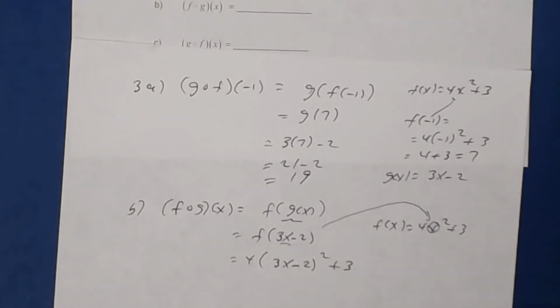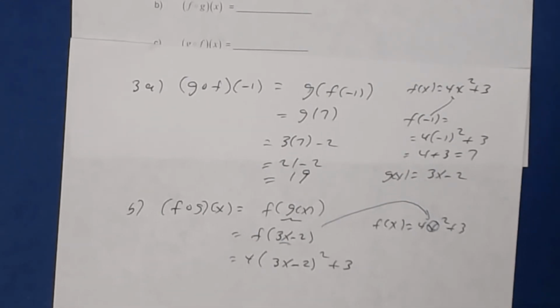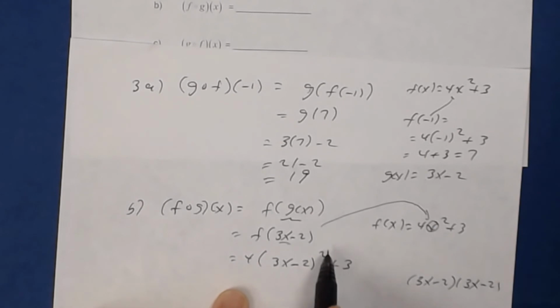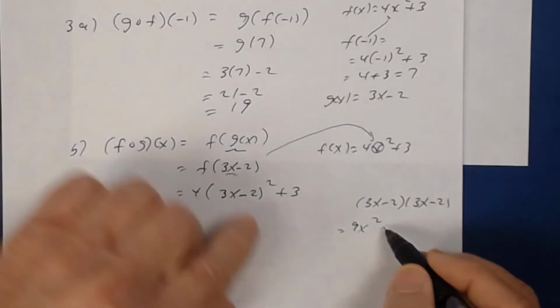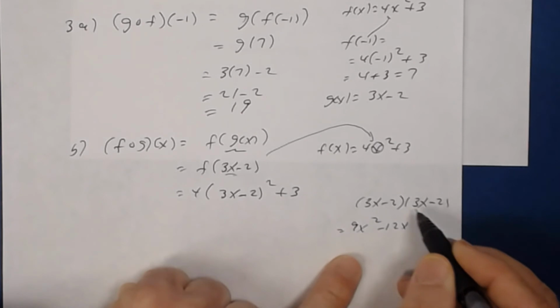Now let's multiply this out. Remember that means 3x minus 2 times itself. Don't forget, you can't distribute first because that's a square. The only time you can distribute is if the exponent is 1. So you have to square first: exponents, then multiplication. When I follow this, that's going to be 9x squared. The outer and the inner, when combined, give me negative 12x, and then plus 4.